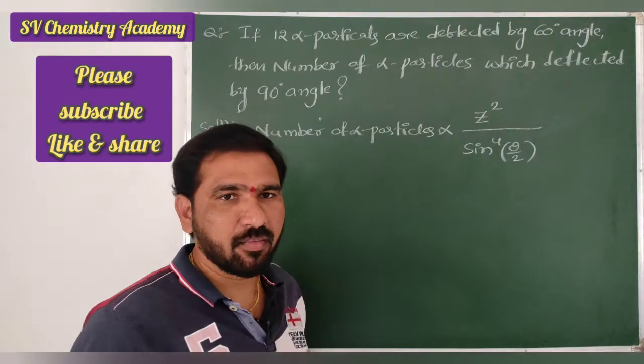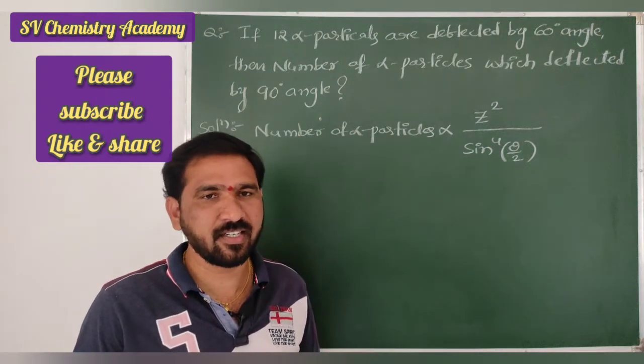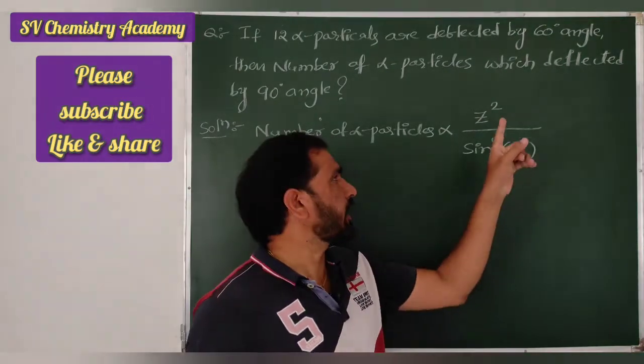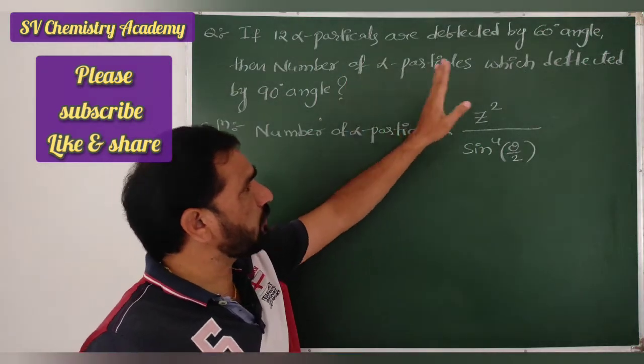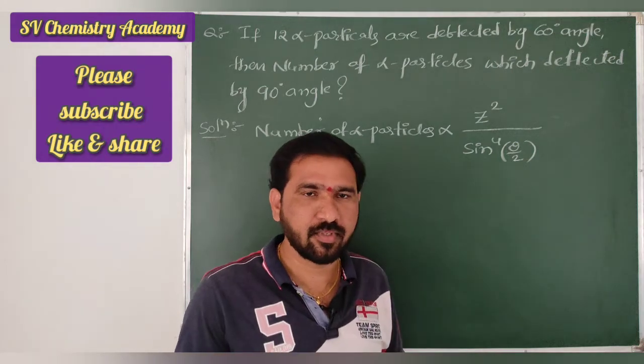So this is the formula explaining the relation between the number of alpha particles deflected by the respective angle and the atomic number Z also. Here there is no information given about atomic number Z. That is a constant, you can assume, not an issue.